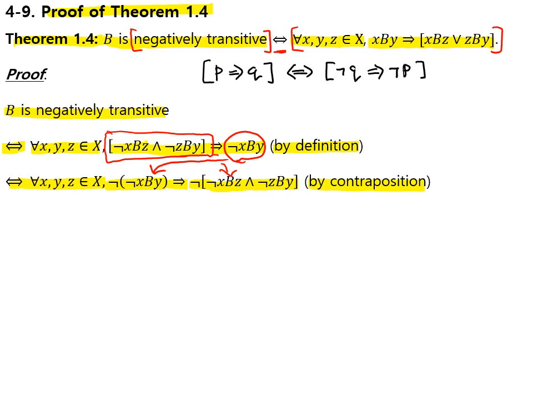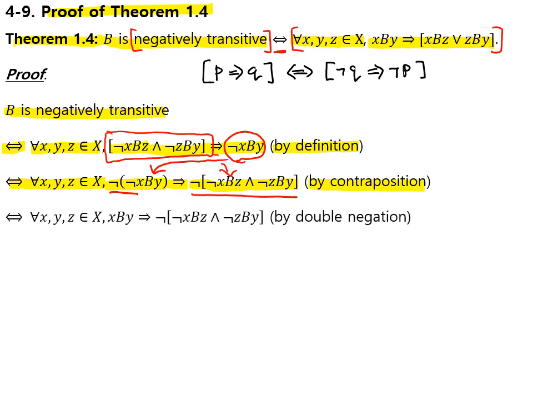So we can see here that we have a double negation, and we can also use De Morgan's law at this point. First we take the double negation over here and make the statement like this.